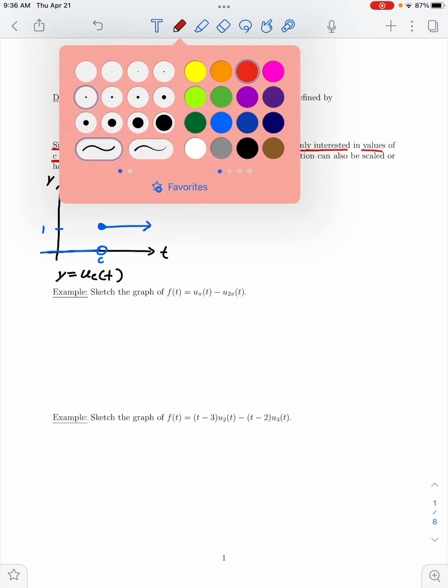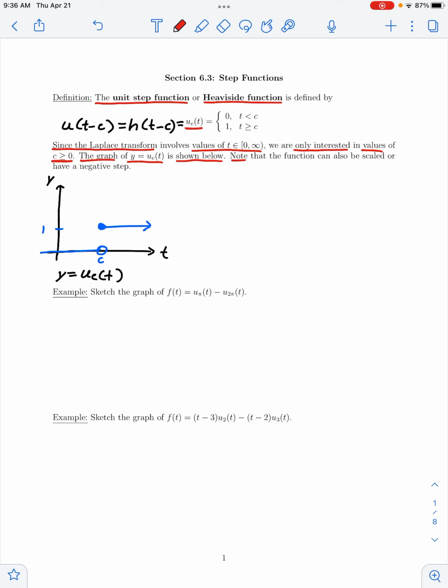And then I mention as a note that this function could be scaled so that our step corresponds to not just a value of 1.